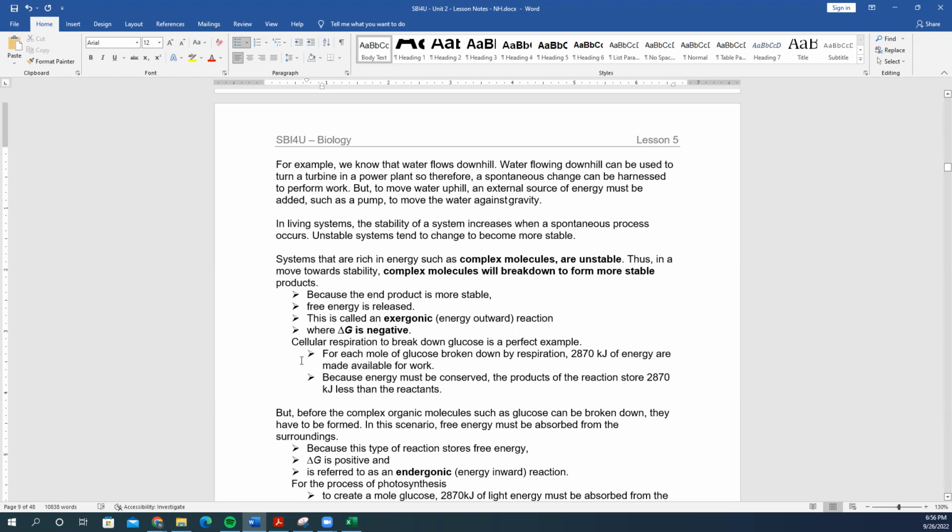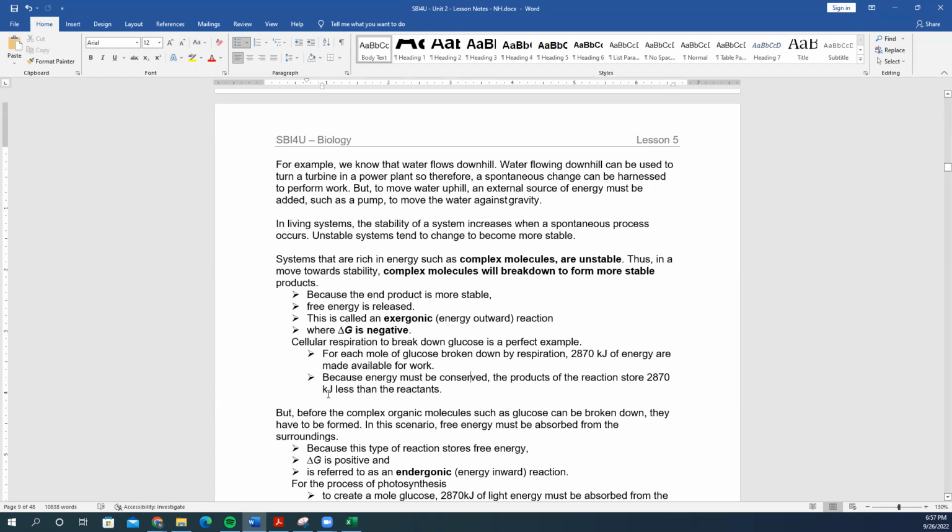And a good example of this is cellular respiration. Cellular respiration, that process that breaks down glucose, a very complex molecule, not always very stable. It breaks that down to produce more stable products.